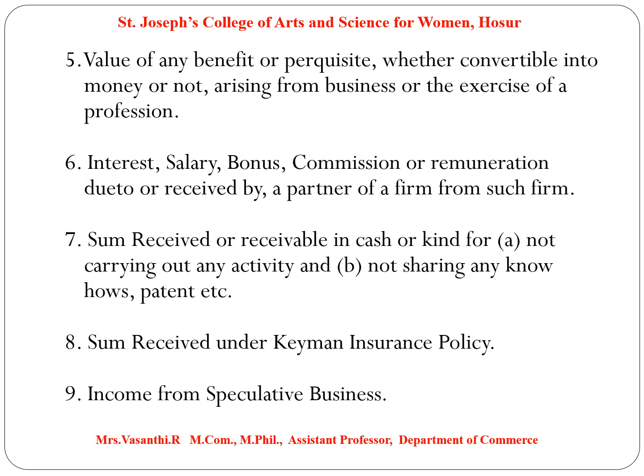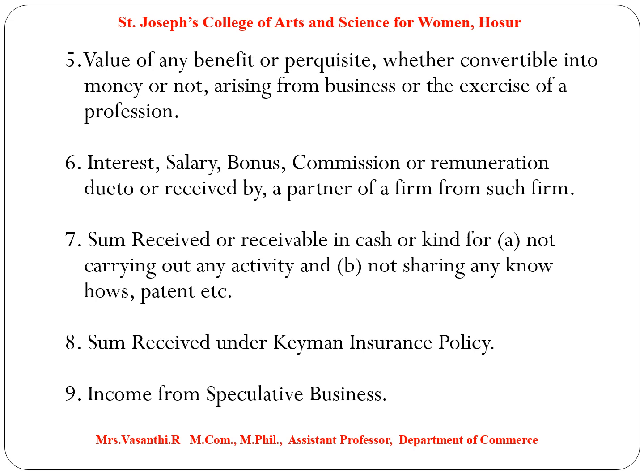If any benefits or perquisites, or any convertible money, arise from the business or profession, they are chargeable under business or profession. Interest, salary, commission, remuneration or any amount received from your partnership firm is chargeable under business or profession.